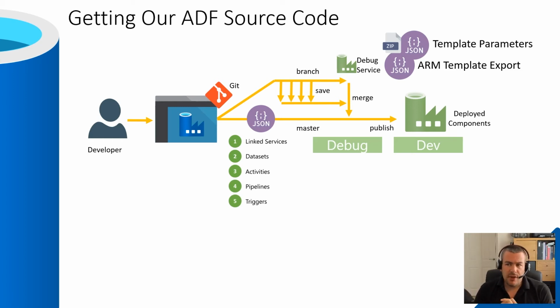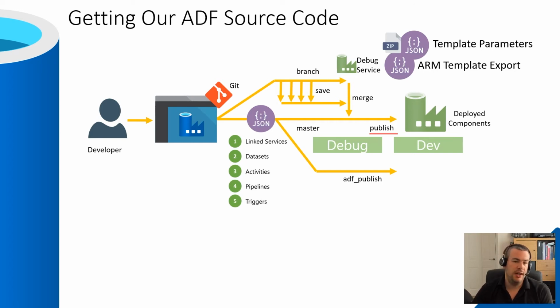Well, the thing that I want to highlight here is that if we want to get what I'm going to call the correct Azure ARM template, we have to hit that publish button. And what will happen behind the scenes is that publish button will create another branch in our code repo, which is called ADF_publish.